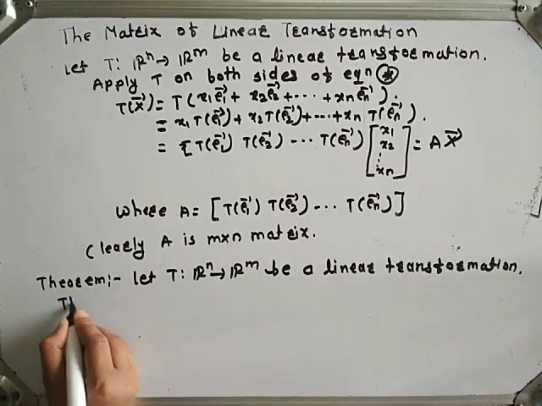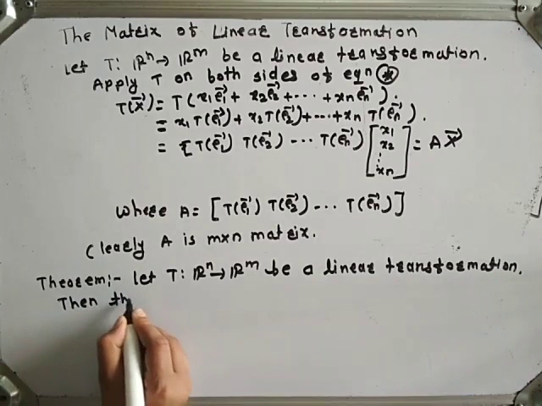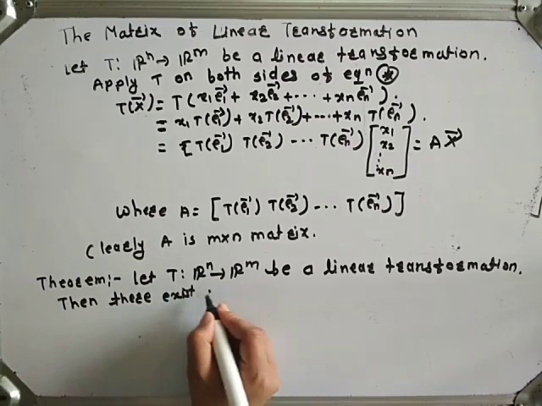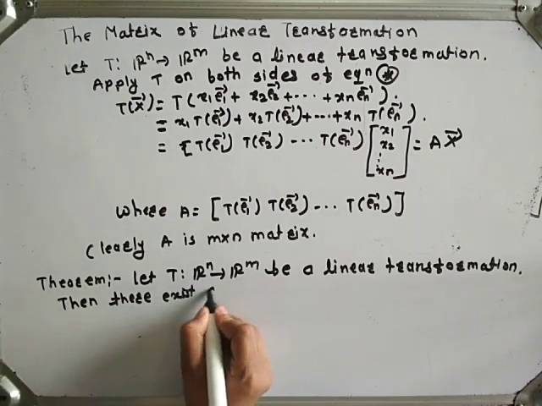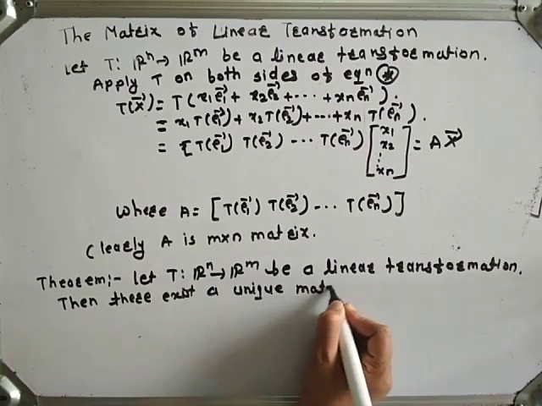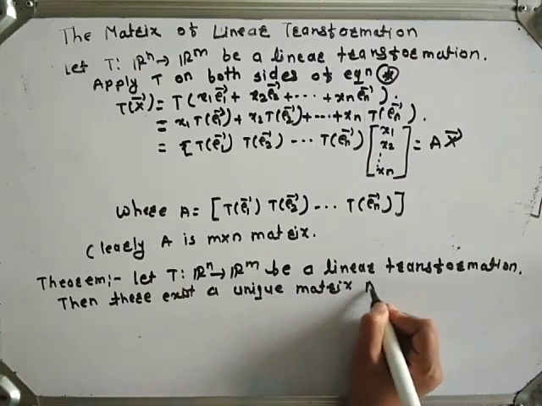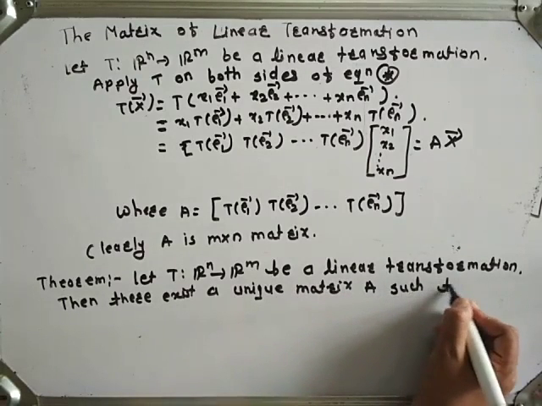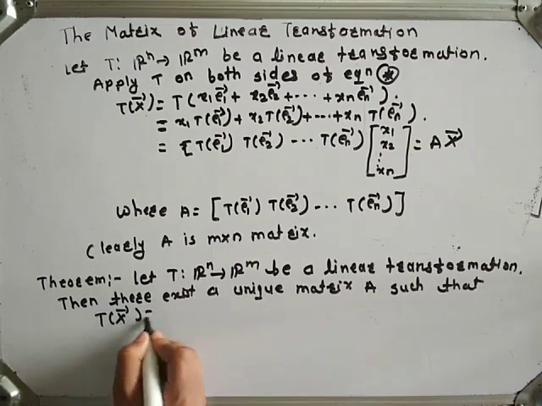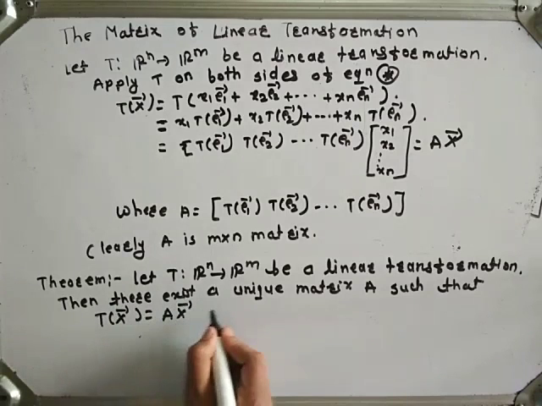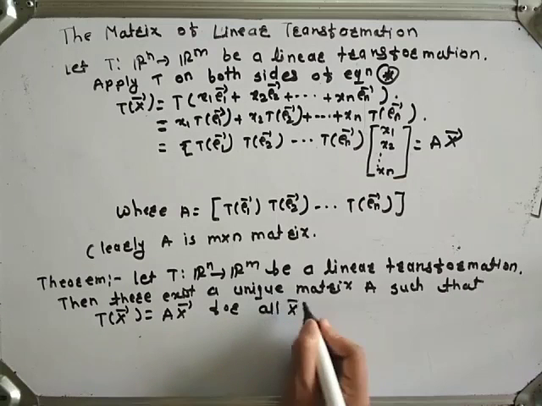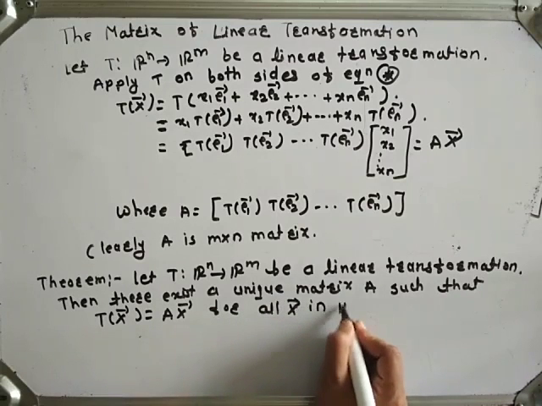Then there exists a unique matrix A such that T of x bar is equal to A into x bar for all x bar in Rn.